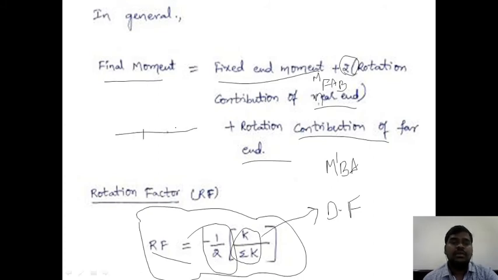Suppose this is A, this is B, this is C, and this is D. So we have to calculate the moment right here, and here again, and right here and right here.